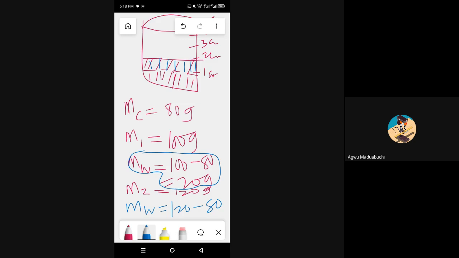Minus 80, which is 40 grams. Now, did you get the illustration? Yes, I do. So as the height of the water is increasing, what is happening to the mass of water? Also increasing. Very good. So you must pay attention to those trends.